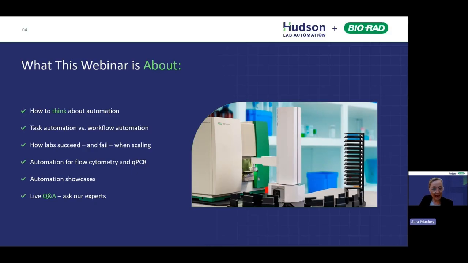We'll discuss why labs actually automate, beyond just throughput, how to decide what to automate and when, how flow and qPCR fit into broader automated workflows, and what to look for in automation-ready instruments and platforms. To kick things off, I'm going to hand it over to Andrew, who will frame how labs should think about automation, how to approach it in a modular, scalable way. And over to you, Andrew.